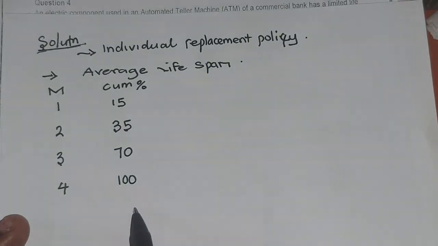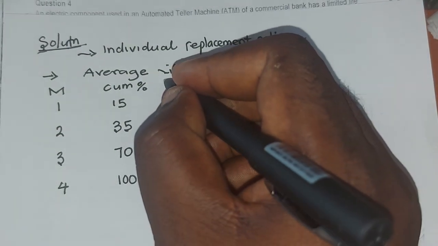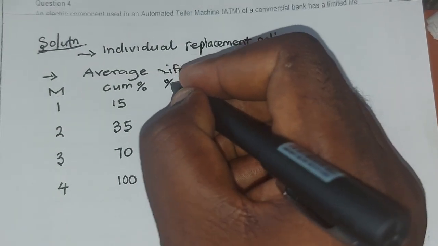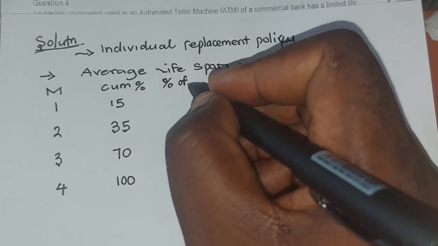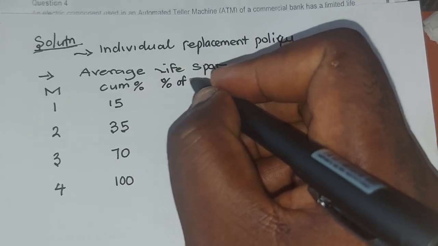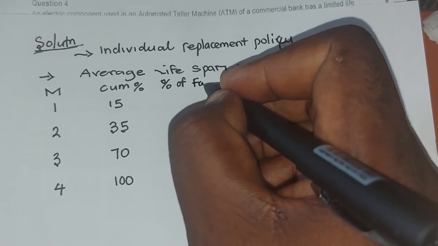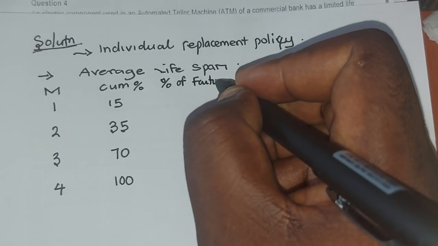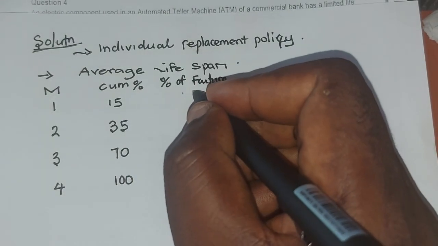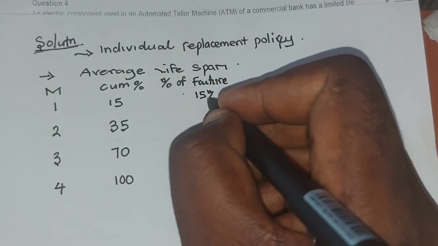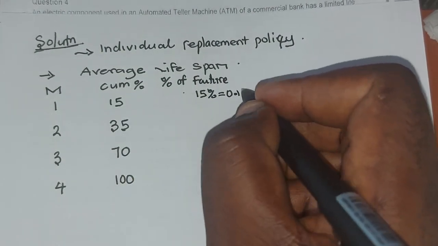You are given cumulative, but you need to find the individual percentage of failure, the periodic failure for each period. For the first it is 15%, and this will give you 0.15.